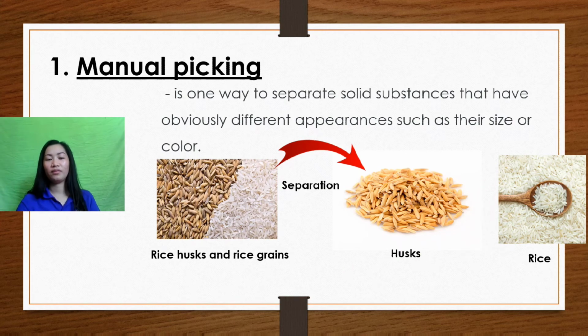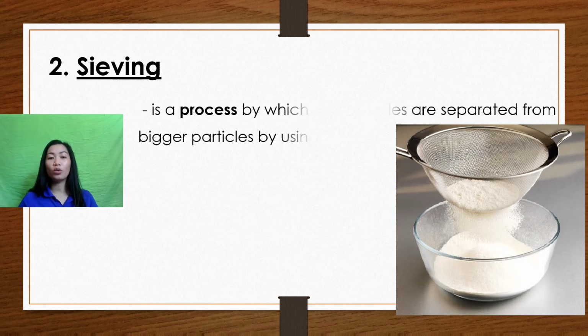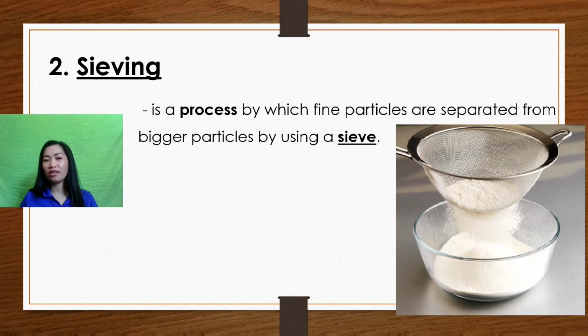We have also the second one, sieving. Sieving is a process by which fine particles are separated from bigger particles by using a sieve. As you see, this is the sieve.